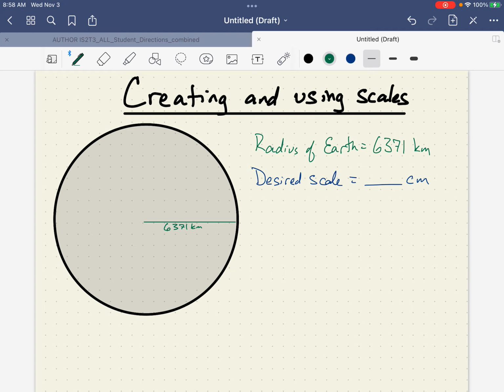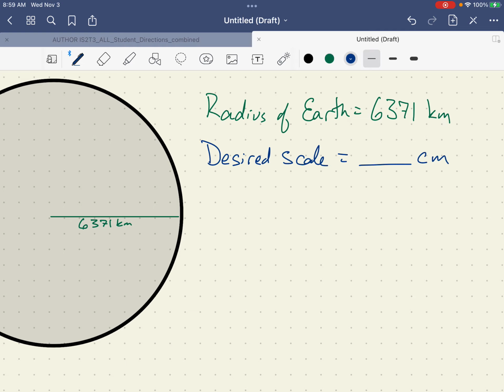So simply I could draw a circle, measure its actual size on my piece of paper, and then once I measure that, I should get a number. Now, if I have a really large piece of paper, like we used in class, you might get a radius of 19.5 centimeters measured out.